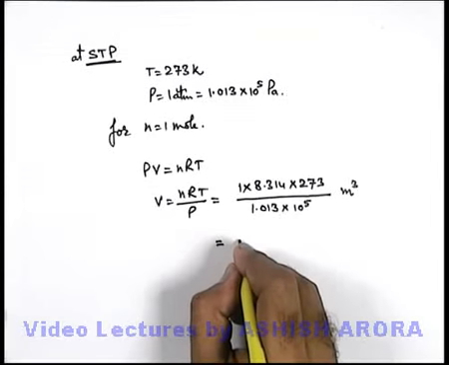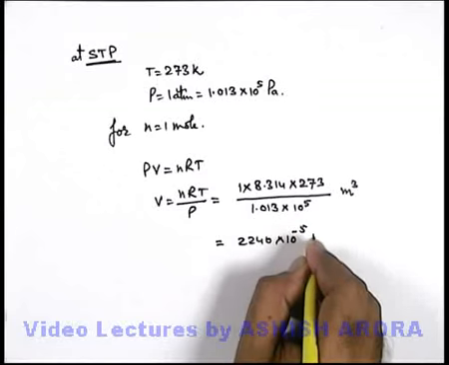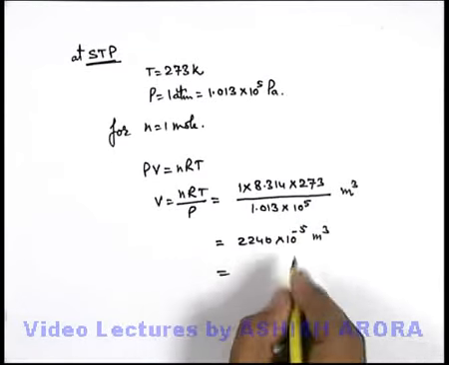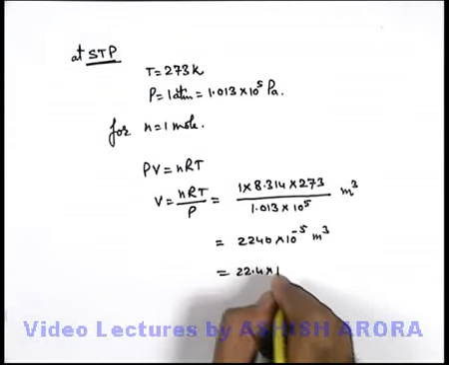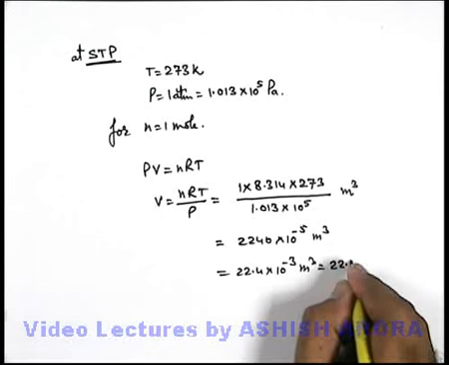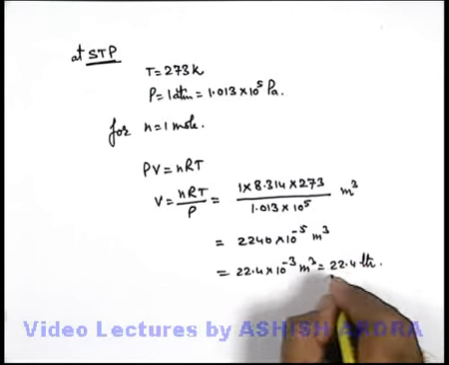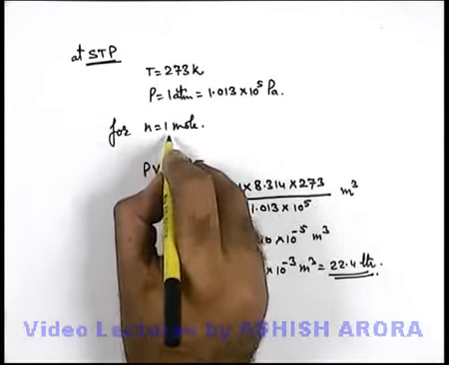This will be 2240 into 10 to the power minus 5 meter cube. And if we just rearrange the values, this will be 22.4 into 10 to the power minus 3 meter cube, which can be written as 22.4 liter.